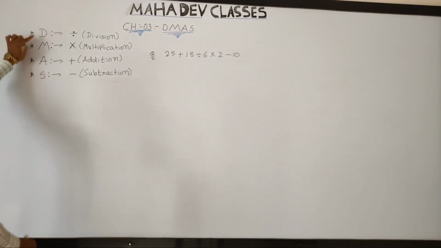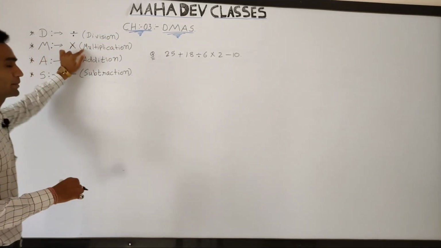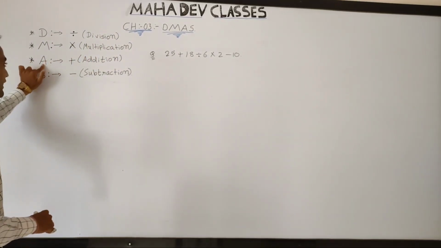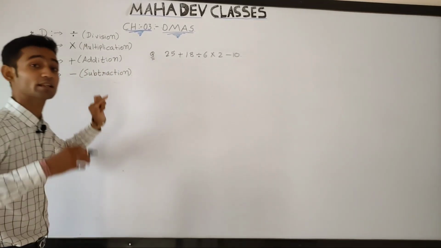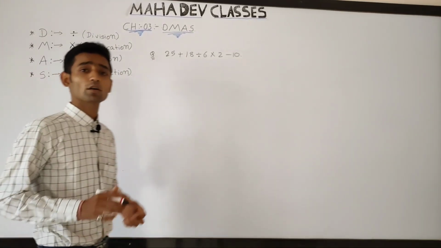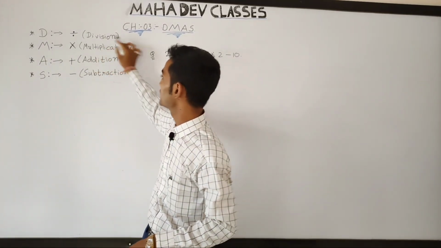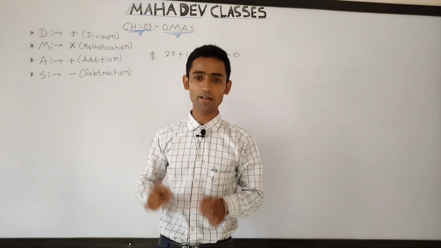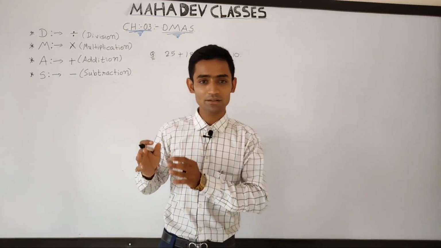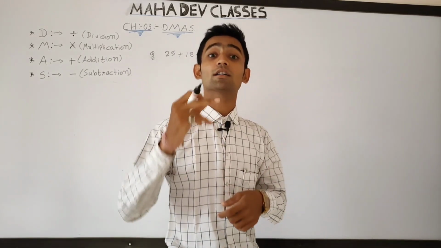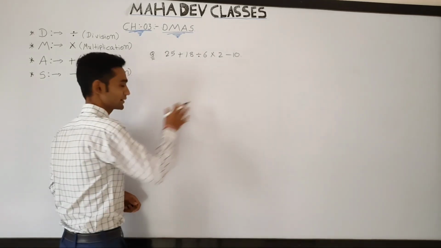D means division, M means multiplication, A means addition, and S means subtraction. In this rule we will follow only division and multiplication first, and after completing that we will learn another rule which I will tell you later. So let's start the question first.